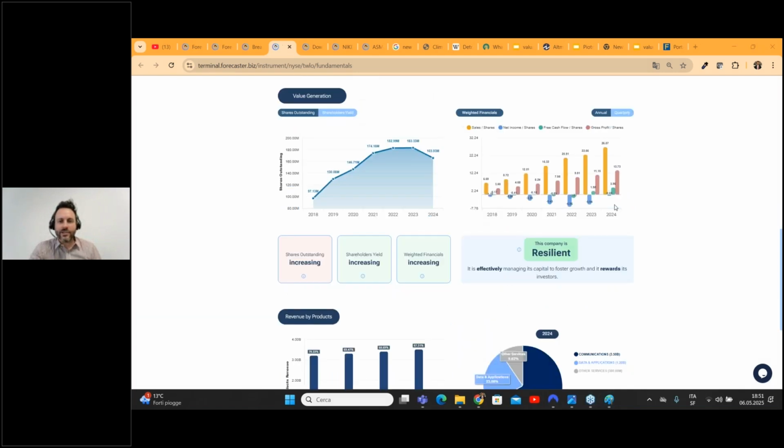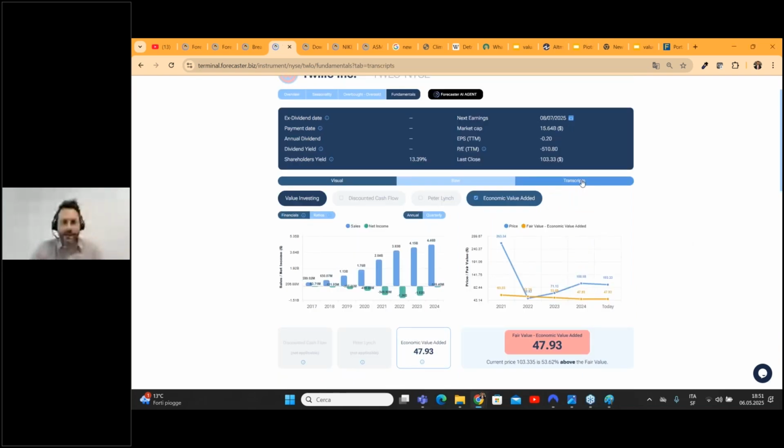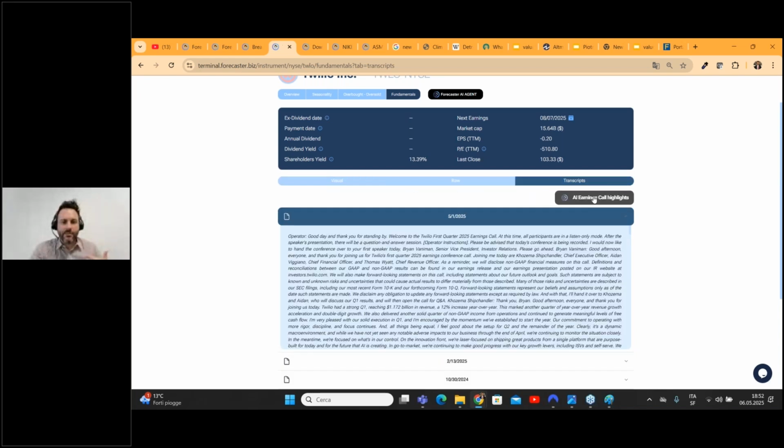They also have a positive earnings yield. The weighted financials are increasing. It means the company is becoming more efficient. Okay. And if you analyze, thanks to the AI, the transcription of the last quarter, you can definitely see a very interesting potential for the future. Okay.